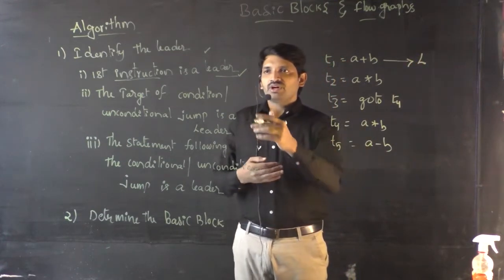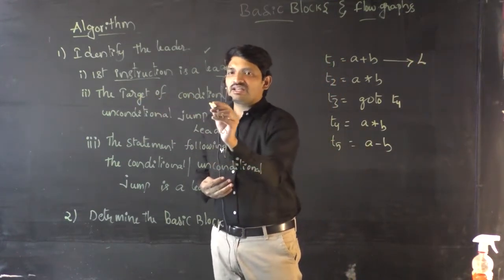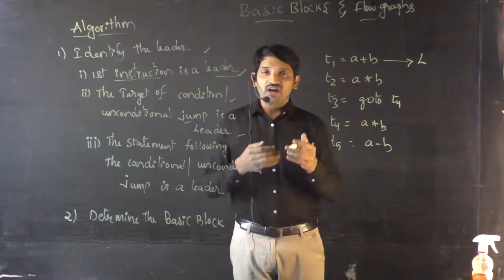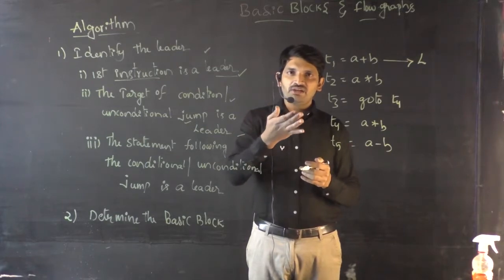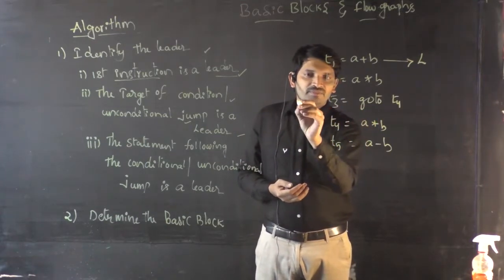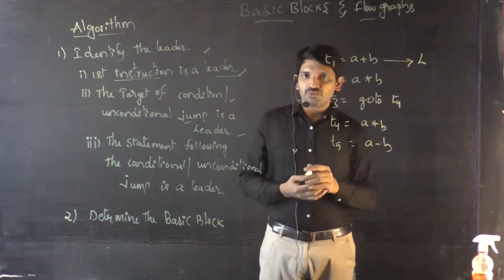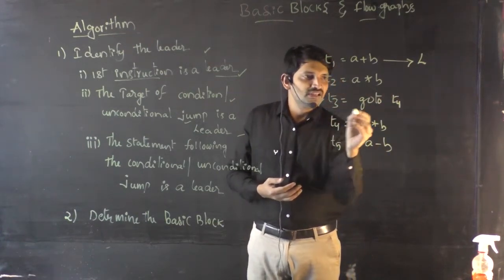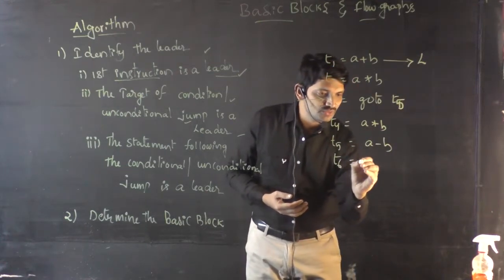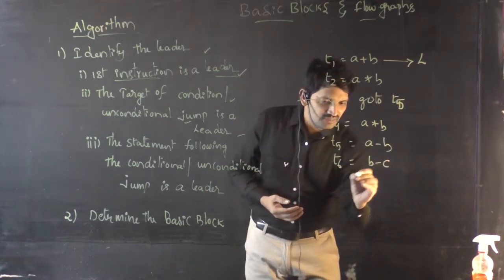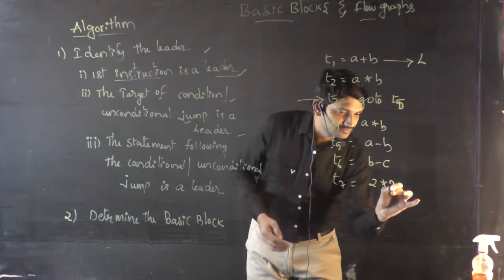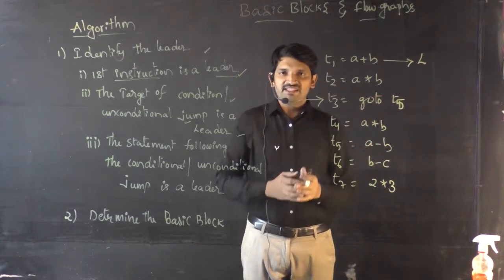Now come to the second point. The target of the conditional or unconditional jump is a leader. We already discussed what a conditional and an unconditional statement is. So you can find here, go to T4. Let us say this is T5, and T6 = B - C, T7 = 2 * 3. Let us say this is my sample code.